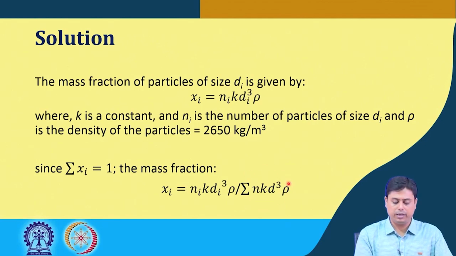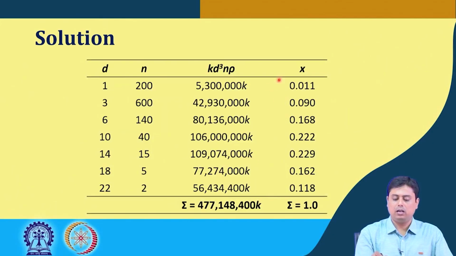So this denominator is then taken into account while calculating the first value of x. So this x comes as this value divided by this value. It gives the fraction of this first component. So here what happens is that once we calculate this third column, we sum it up, we have the total, which will be the denominator, and this as the numerator, we find this x value.